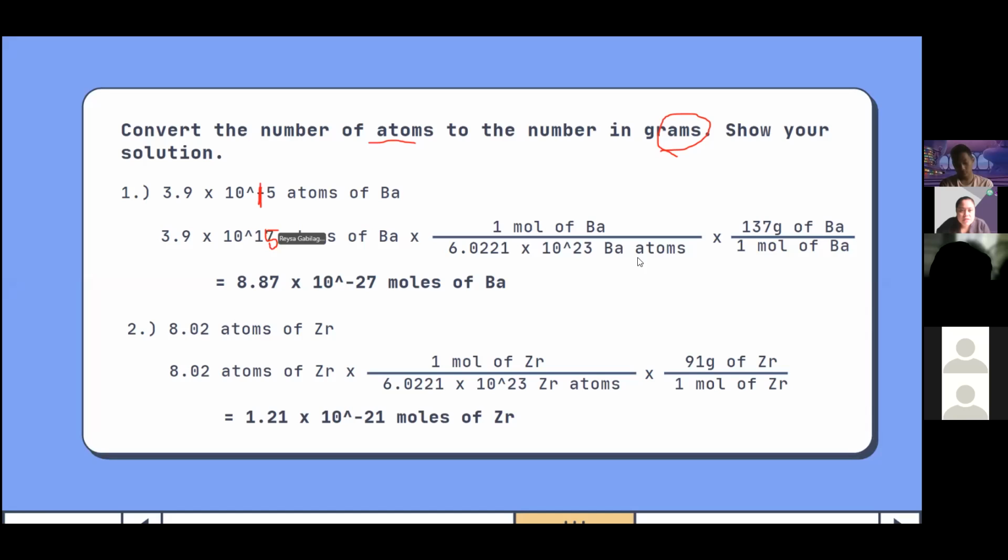Okay, so let's check. 3.9 times 10 raised to the power of 17 times 1 mole of barium. Barium is 137.